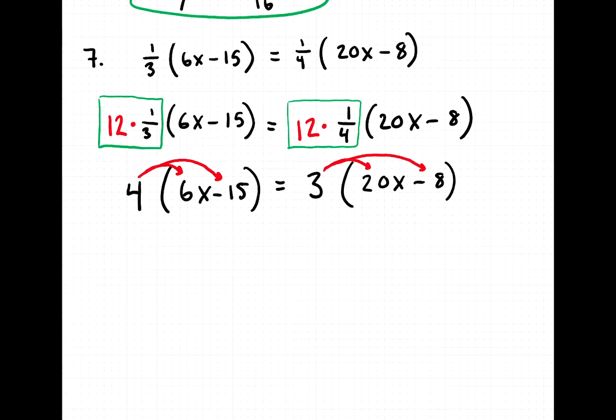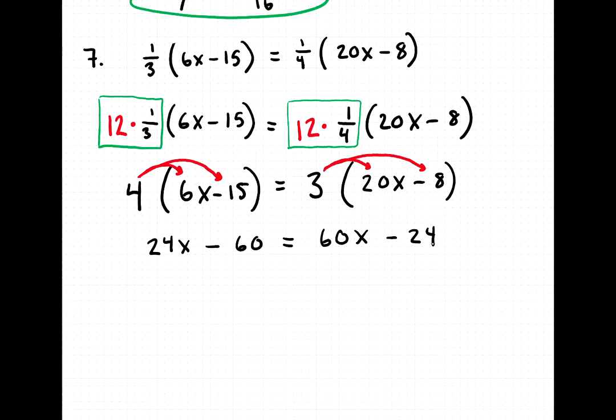All right, so 4 times 6 is 24, so we have 24x minus 4 times 15, which is 60. And on the right, 3 times 20x, that is 60x. And 3 times a minus 8 is a minus 24. And as I said before, you want to get all your variables on one side.